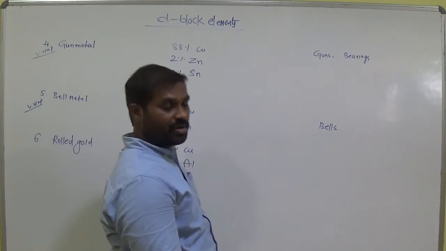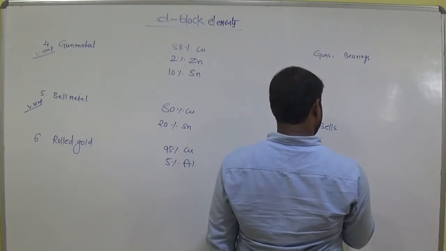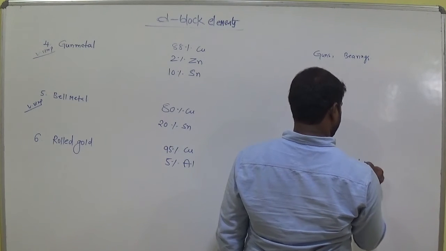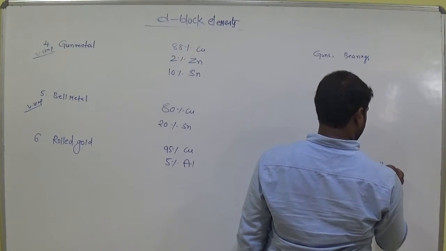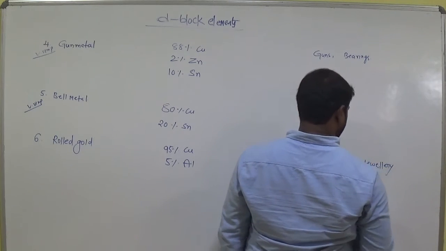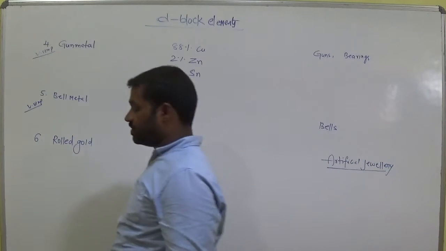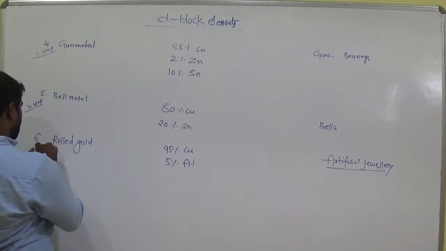This is the rolled gold composition, and we can prepare artificial jewelry by using rolled gold, as you know very well.